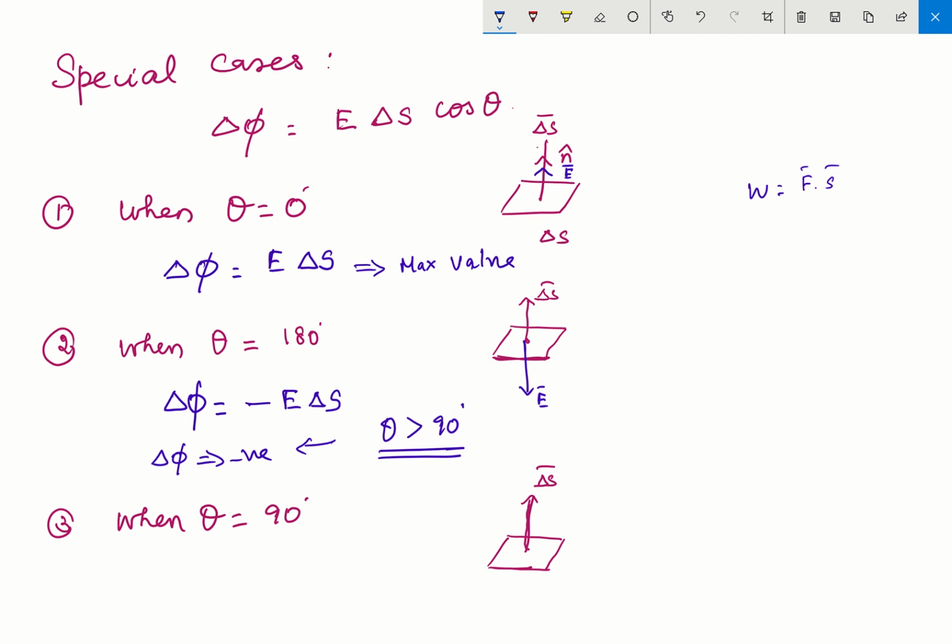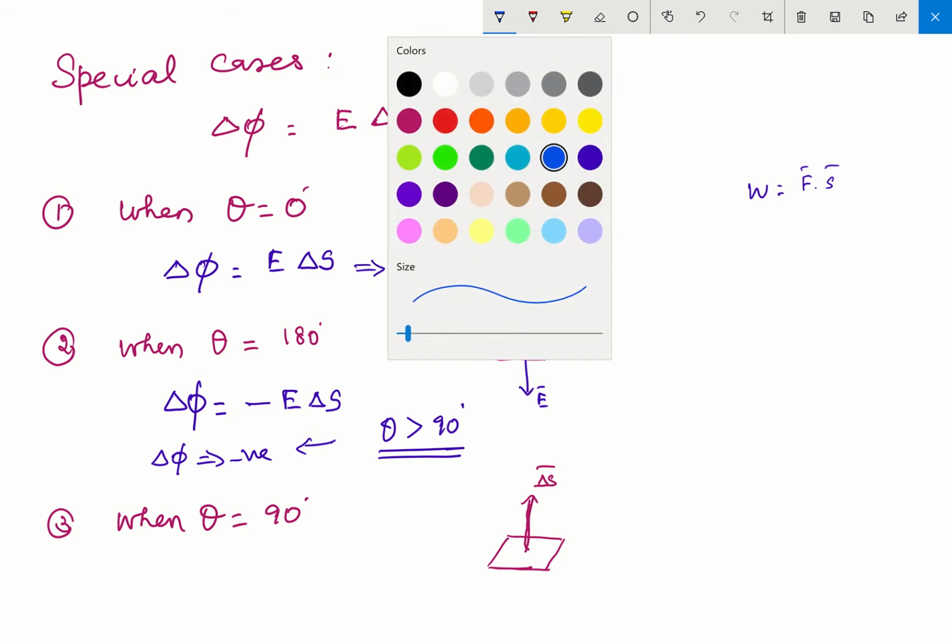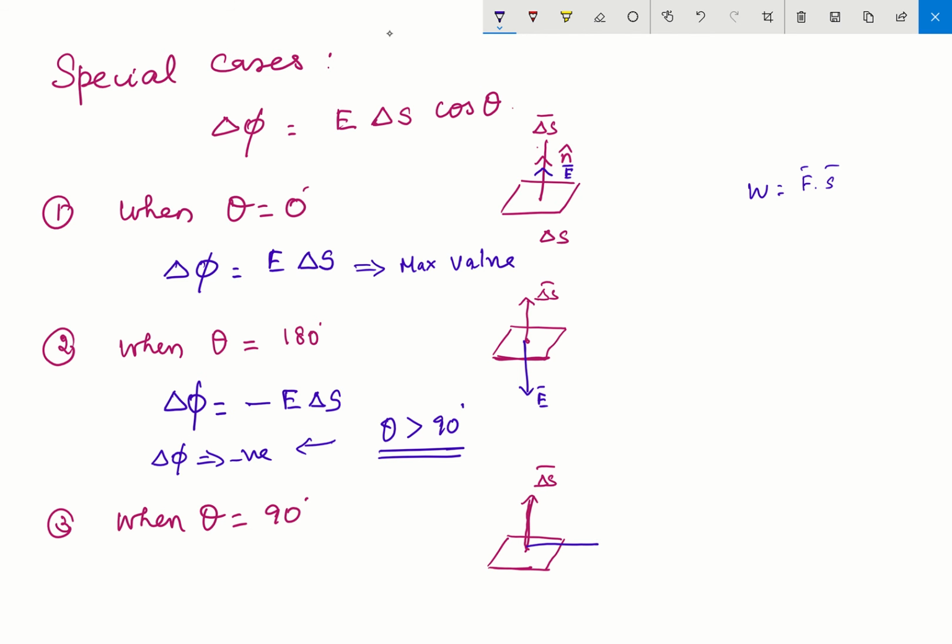Let me draw the electric field in this direction. This is the electric field. So the angle between electric field and the area vector here is 90. In that case, what is your delta phi? Delta phi is equal to E delta S cos 90, that is equal to 0.